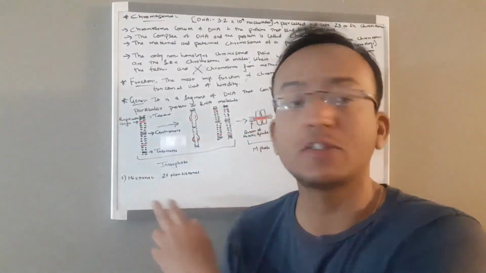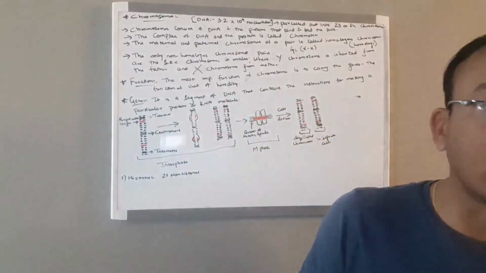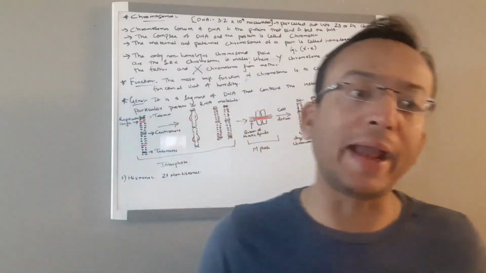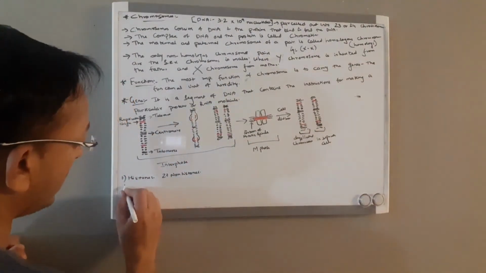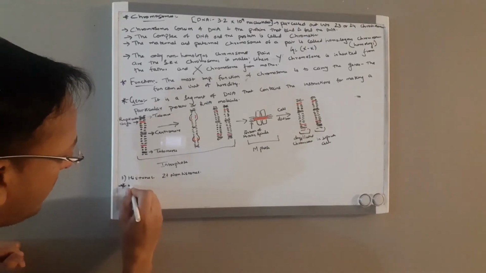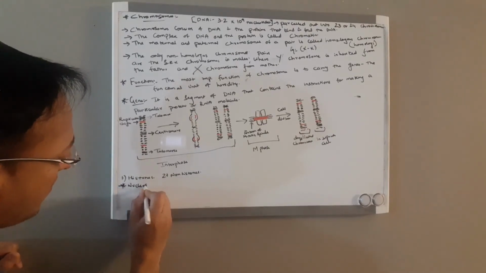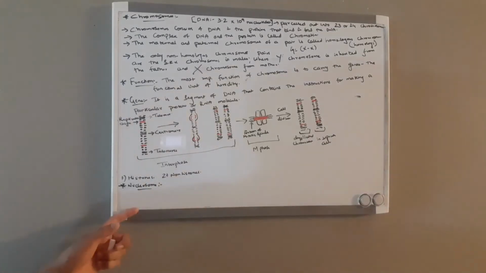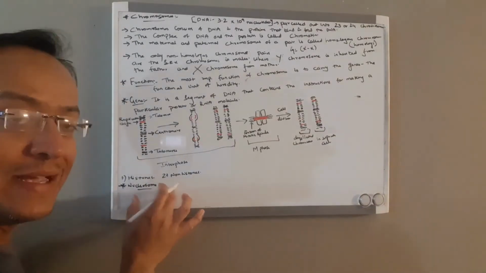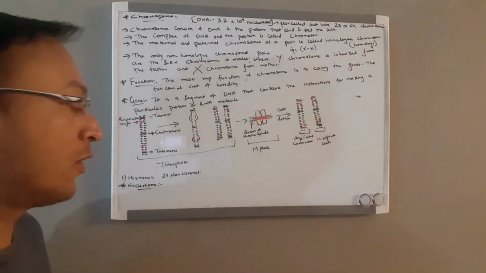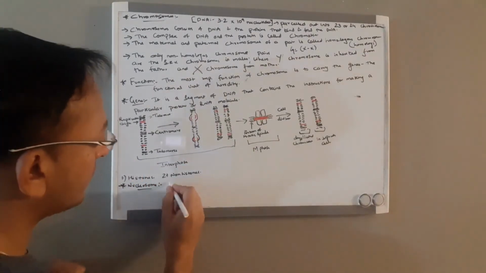So histones are responsible for the first and most fundamental level of chromosome packaging, that is called the nucleosome, right? Nucleosome, this is a term. So this is the basic structural packaging unit of eukaryotic DNA, right?